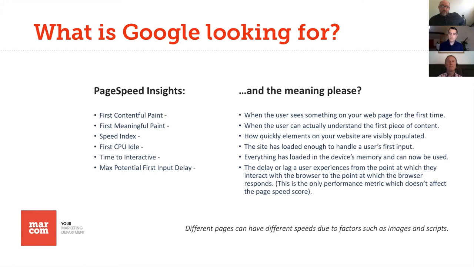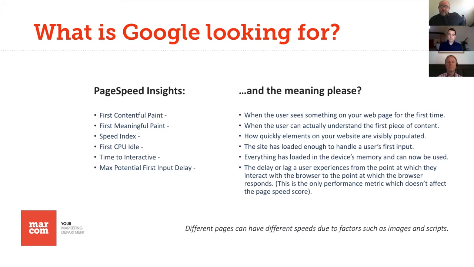But if you've got important pillar pages of your website, I would certainly be focusing on those to improve the speed performance, wherever your key landing pages are, wherever historically you gain the most traffic. Definitely assess those first.